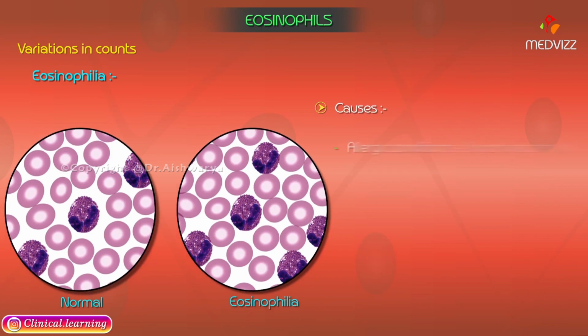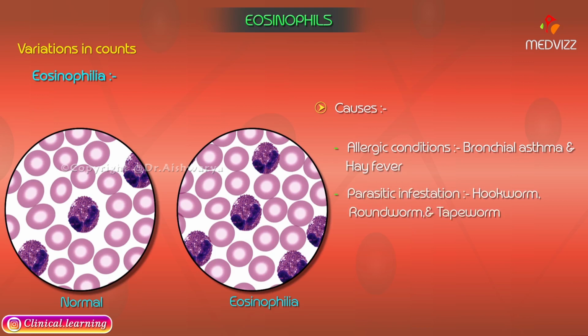The causes include various allergic conditions like bronchial asthma and hay fever, and conditions like parasitic infections, for example, infection by means of intestinal worms like hookworm, roundworm and tapeworm. Not only that, eosinophilia can also be seen in skin diseases like urticaria and scarlet fever.